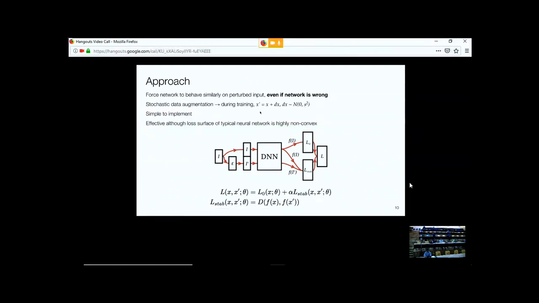The difference is that we force the network to behave similarly on these perturbed inputs, even if the network is actually wrong about its prediction on the original input, or if it's wrong on the X prime. That is a subtle difference from what you might do using data augmentation. During training, you get an input X, and then you add a bit of noise to every example to get this X prime, or I prime in this diagram.